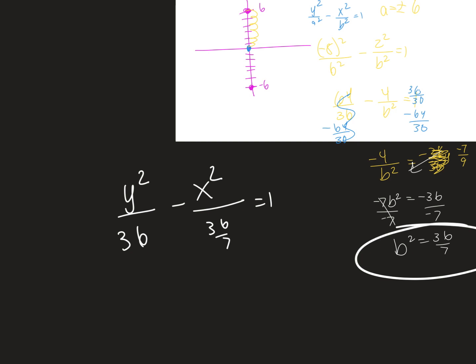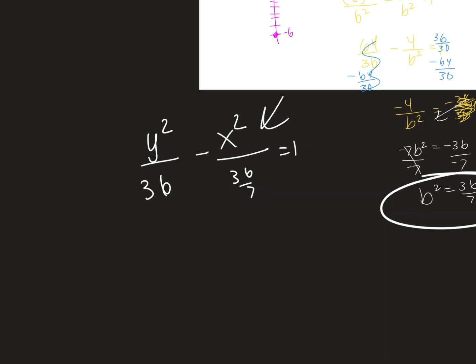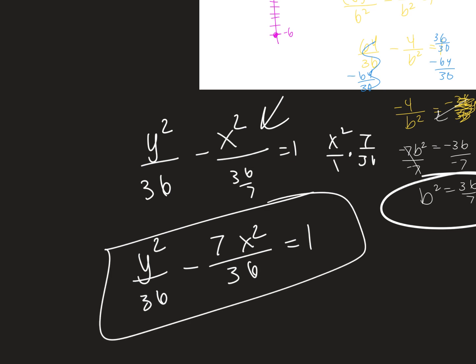And the last thing we need to do, because that doesn't look pretty, is keep, change, flip here. So it's y squared over 36 minus, when I keep, change, and then flip, I get 7x squared over 36 equals 1. And there you go.